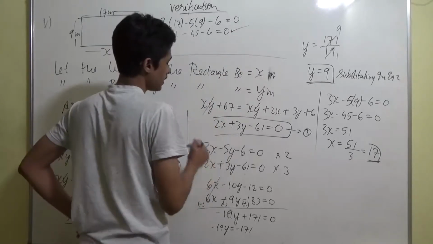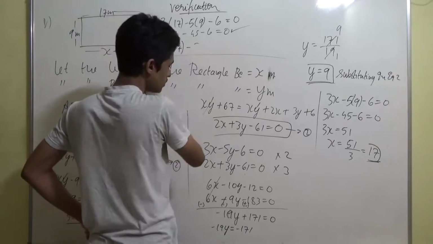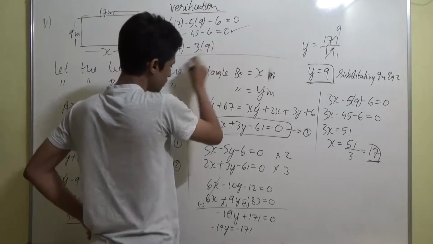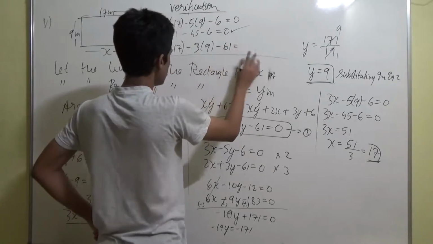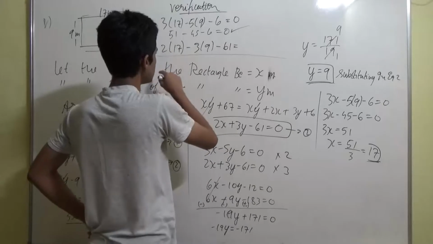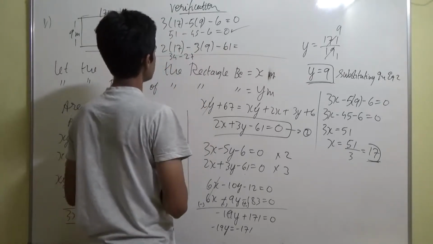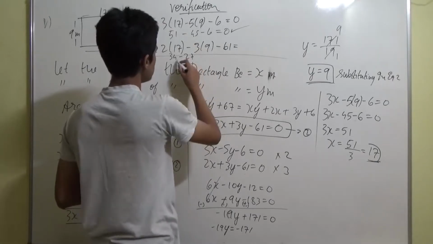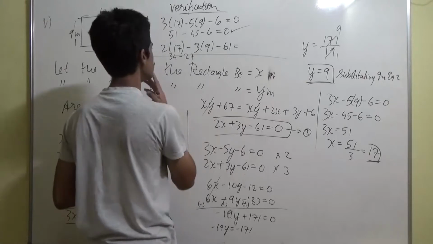Let's verify with the second equation as well. It is 2 into 17 minus 3 into 9 minus 61 equal to, we have to check if LHS comes out to be RHS. RHS is 0. So 2 into 17 is 34. 34 minus 27.